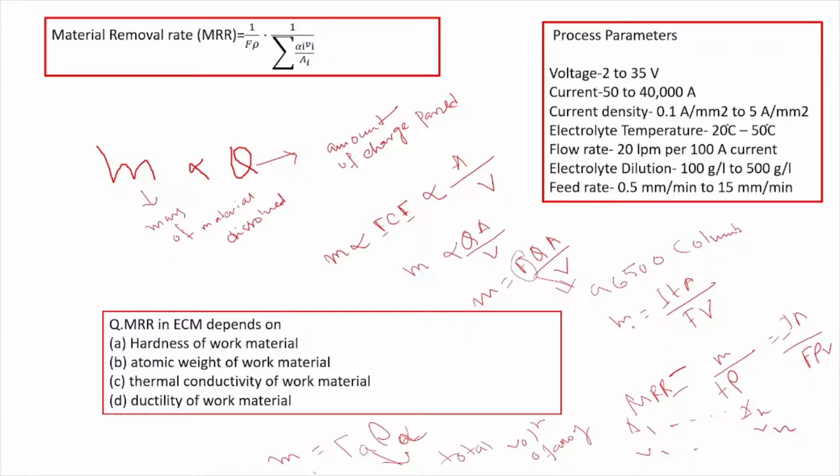Each element present in the alloy takes a certain amount of charge to dissolve, right? So we have to keep in mind every material's conditions: atomic weight, valency number, the total volume dissolved, and the density of the material. All those things we have to keep in mind. So if we consider this, where shall I write?